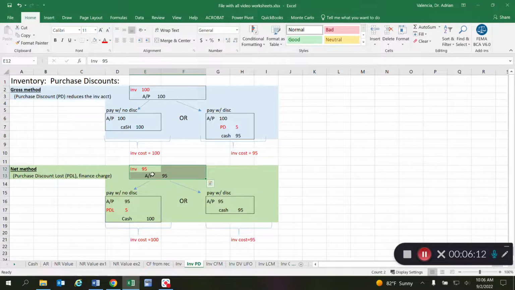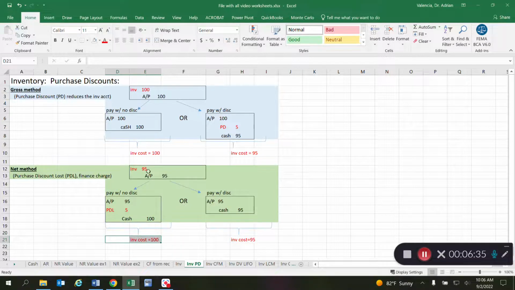So when we later pay with no discount, we debit AP, we reduce the liability. We got to send a check for the full amount of 100. So we debit this purchase discounts lost. Now, at the end, it's as if our inventory cost $100, because when you sell this inventory item, it's going to go to cost of goods sold for 95.